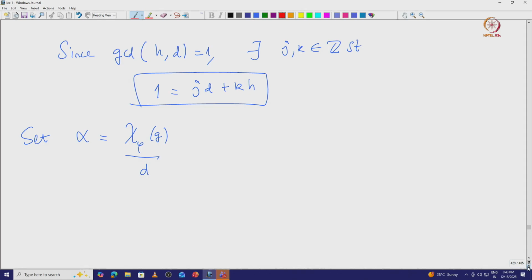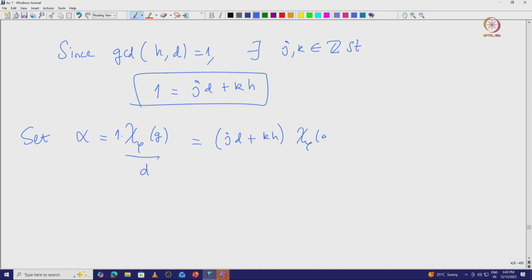How do we prove this? We use the fact that 1 can be written as j d plus k h. So this is exactly 1 times chi phi of g divided by d, and we rewrite 1 as j d plus k h.